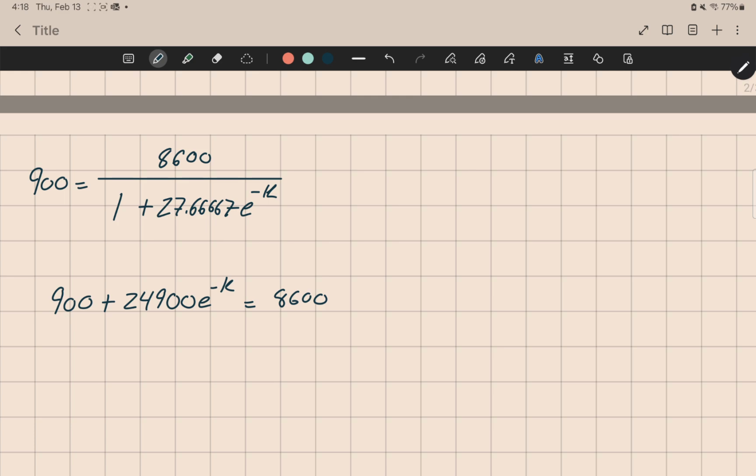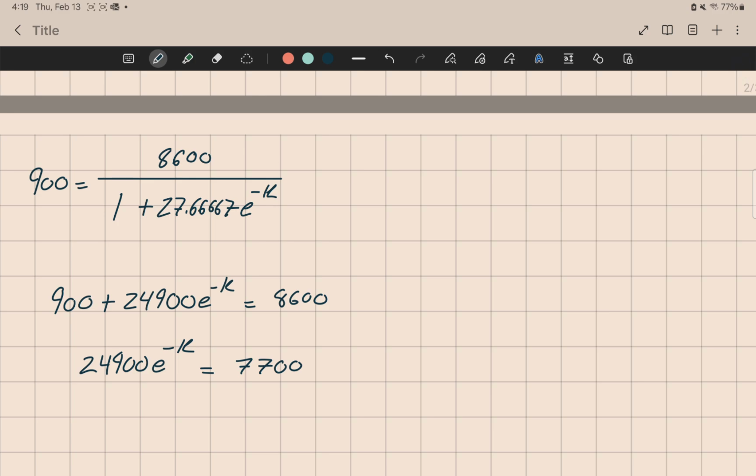Gonna subtract the 900 over to the other side. And we end up with 24,900 e to the negative k is equal to 7,700.